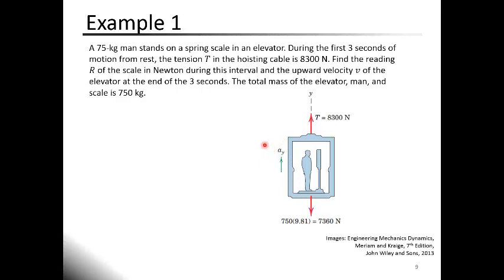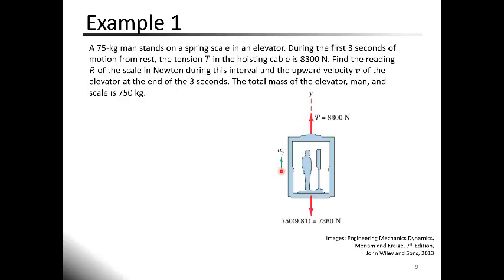The first step in studying a kinetics or kinematics problem is to define the coordinates. What type of coordinates are you using? In this case, the elevator goes up and down, so it's a rectilinear motion. If we consider that this is the positive y direction, it moves along the y direction.